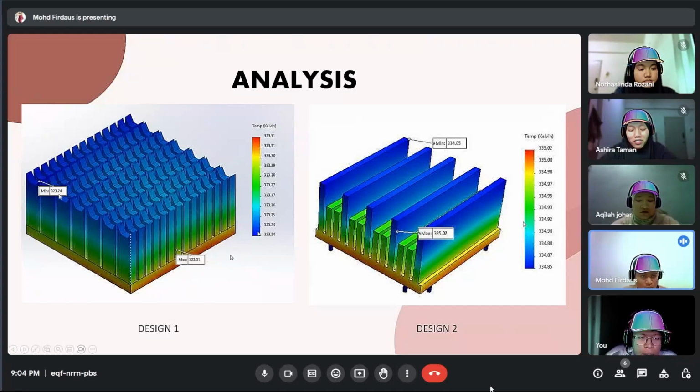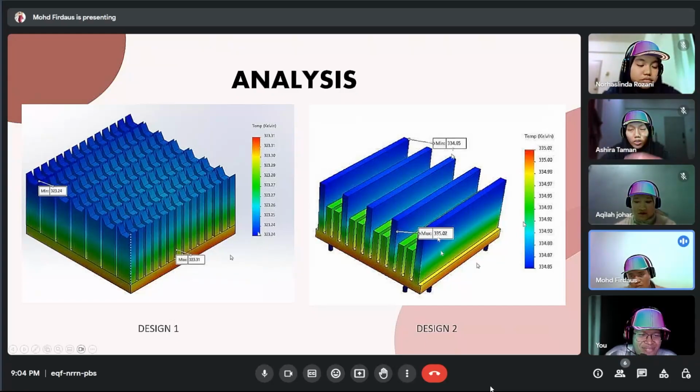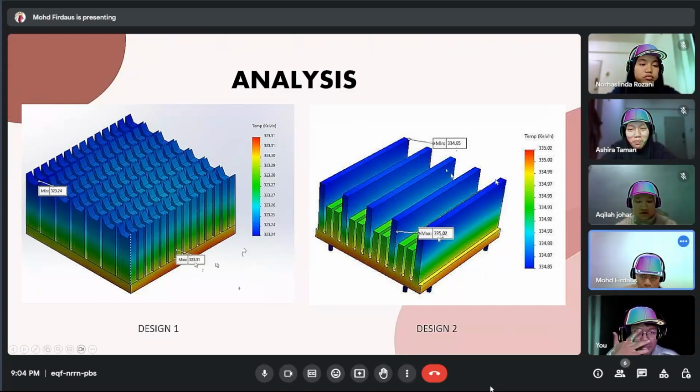For the minimum, which is the blue one, it is 323.24 Kelvin, and converted to degrees Celsius, 50.24 degrees Celsius. For design 2, the maximum is 335.02 Kelvin, and when we convert, we get 62.02 degrees Celsius. For the minimum, 334.85 Kelvin is 61.84 degrees Celsius.